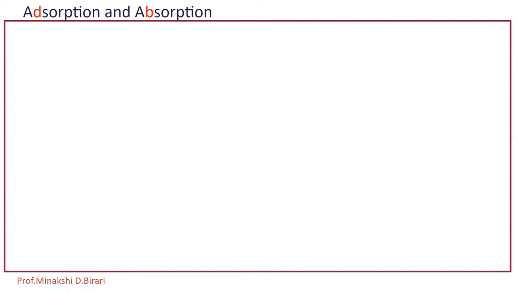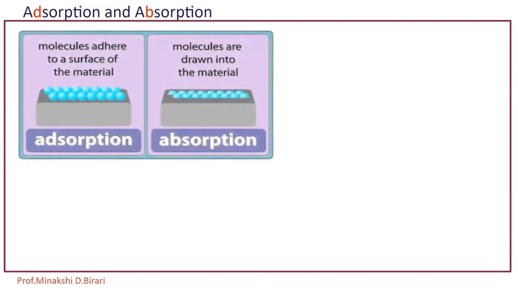So we can distinguish these two terms: adsorption and absorption. What is adsorption? The molecules adhere to the surface of the material. And what is absorption? Molecules are drawn into the material.